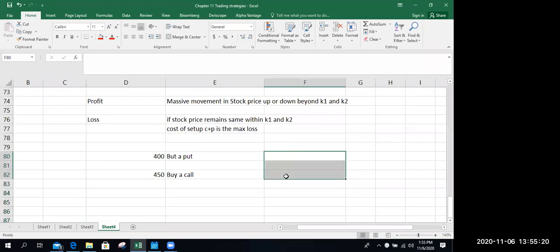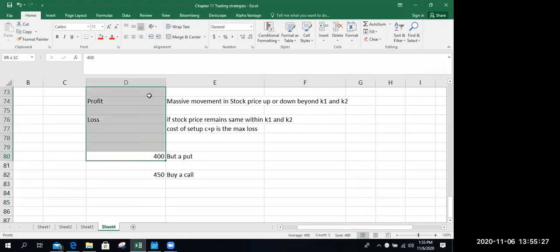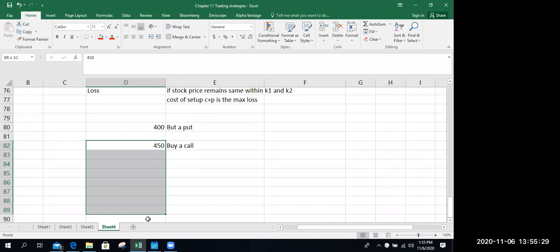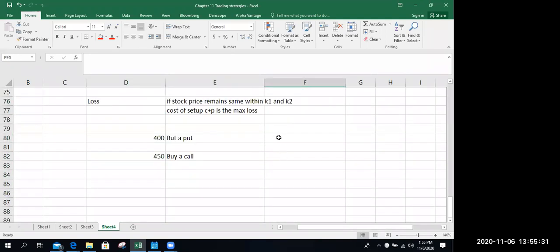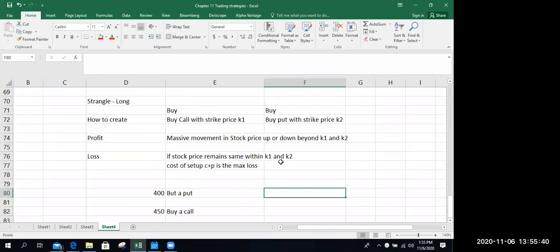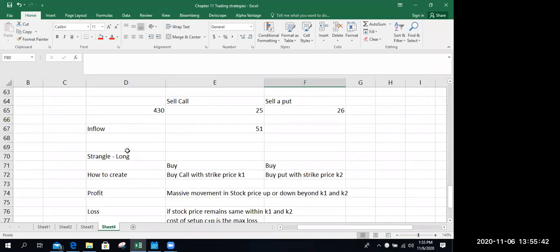If the stock remains in this range, 400 to 450. So if the stock goes below 400, we make money. If the stock goes above 450, we make money. If the stock is in the range 400 to 450, we lose money. That's a strangle.